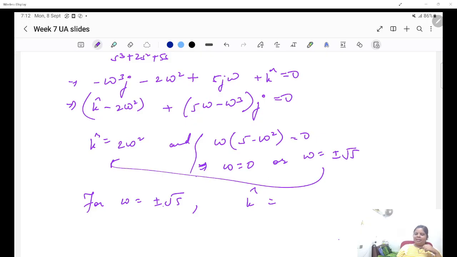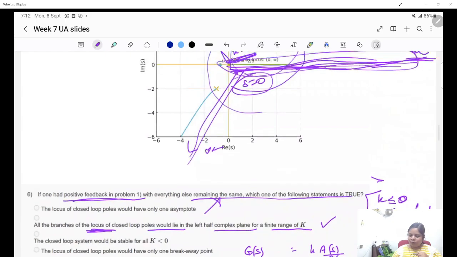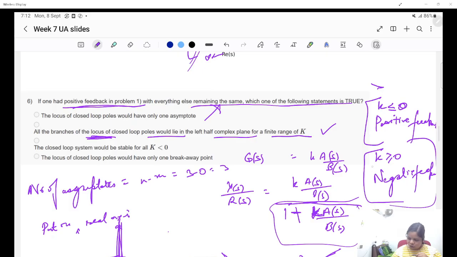For omega equal to 0, K hat is equal to 0, which does not give any hint because it is coinciding with the pole. But for omega equal to plus minus root 5, K hat is equal to 10, which is greater than 0, right? And we were solving for the question which has K greater than 0 and is a negative feedback system.